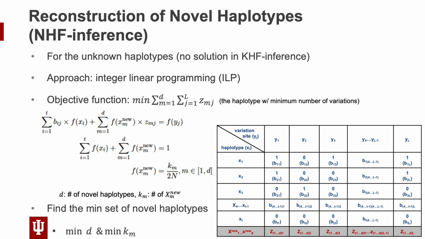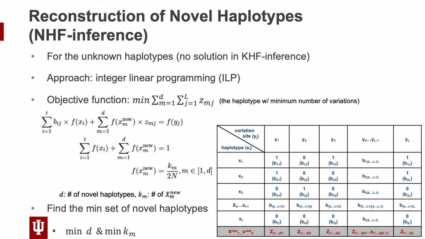We set the objective function to minimize the summation of CMJ over all the novel haplotypes on all the variation sites. And we want to find the optimal solution to satisfy all these equations, where Km is the number of novel haplotype xm new.